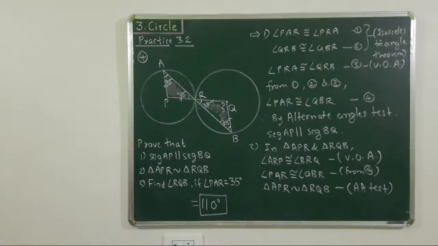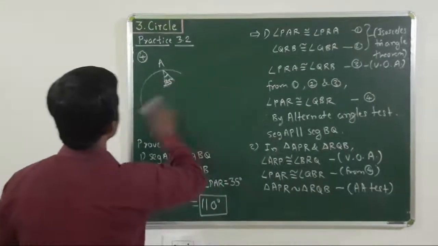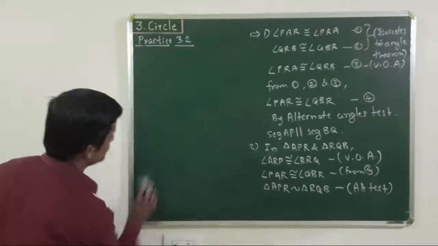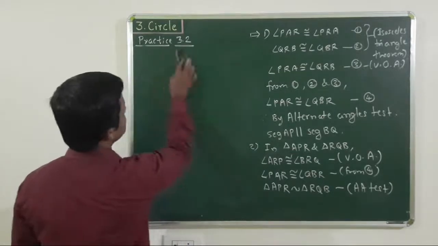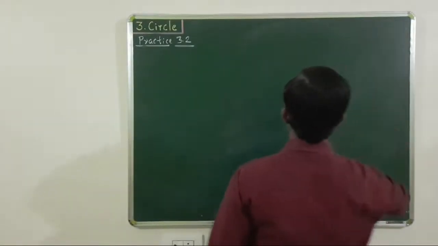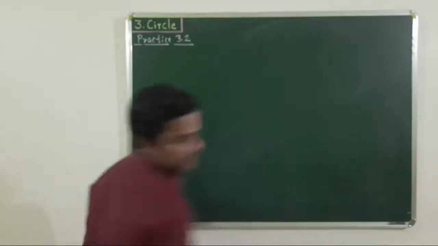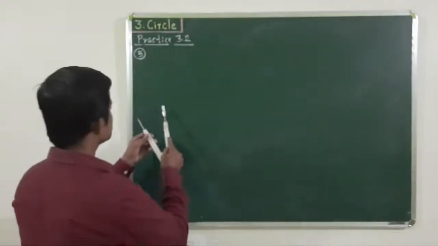Now take a screenshot of this and move towards question number 5. Again there are two touching circles, external touching circles.